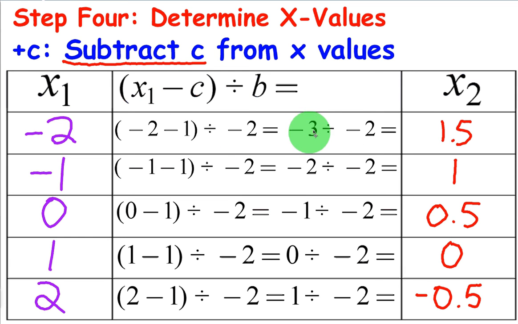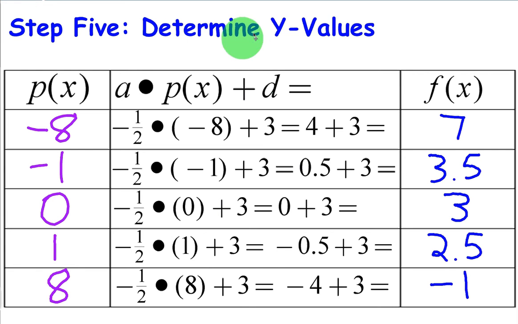So in other words, I want to do negative 2 minus 1 is negative 3, divided by negative 2, just so I know I get this number right. So negative 3 divided by negative 2 is 1.5, and that gives me my final x value. It gives me my transformed x value, and I'm going to do that for each and every column to get all 5 of my new transformed x values.